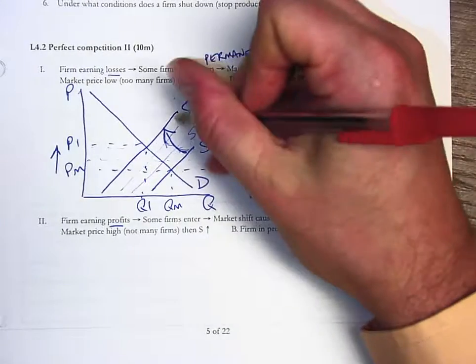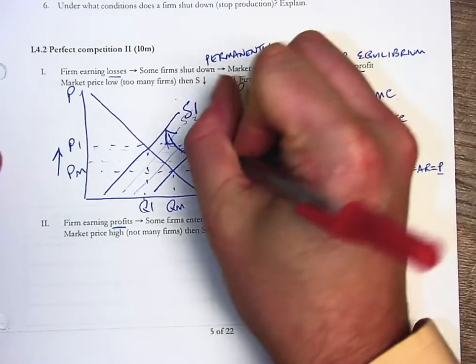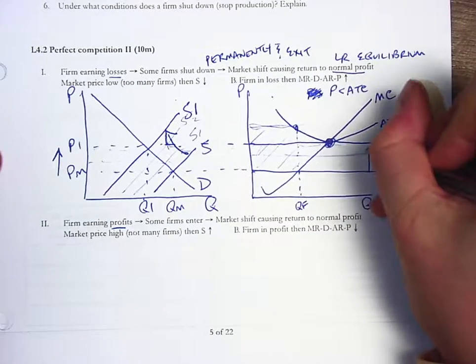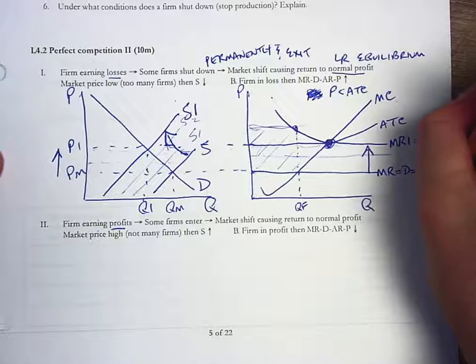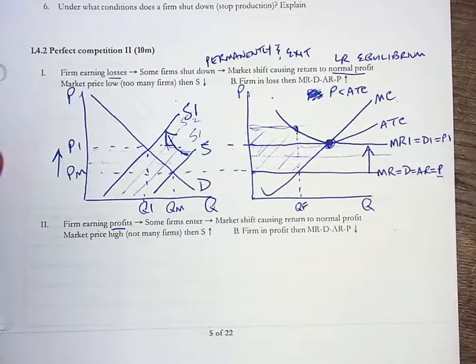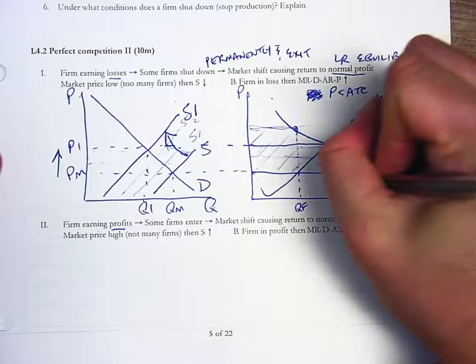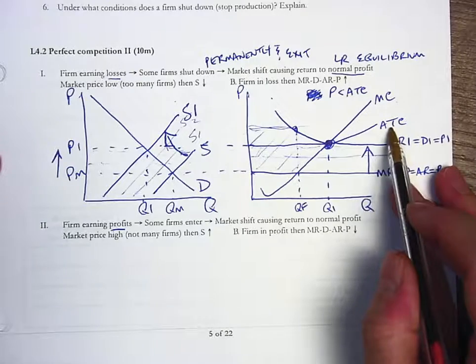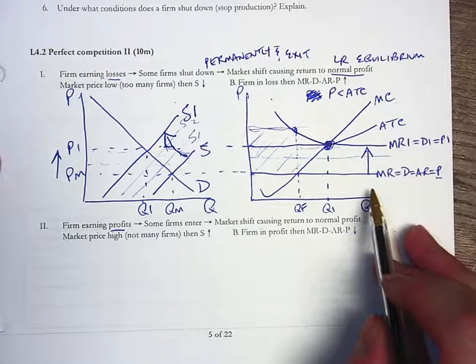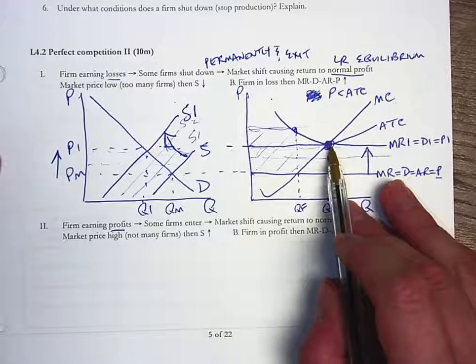So the supply curve will shift to the left because of fewer firms, and the price rises. When that occurs, MR, D, AR, and P go up, and will continue to rise until the new MR, D, AR, and P is at that point of long-run equilibrium. That long-run equilibrium point is where ATC, MC, and MR, these three things, all cross each other.